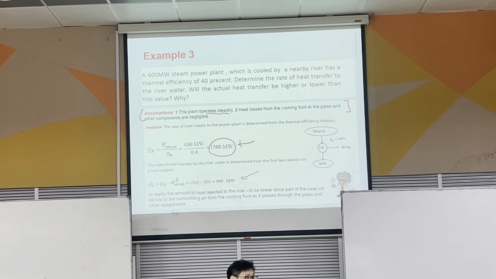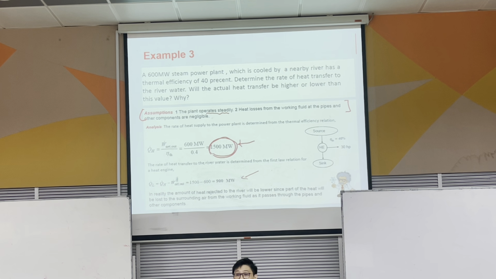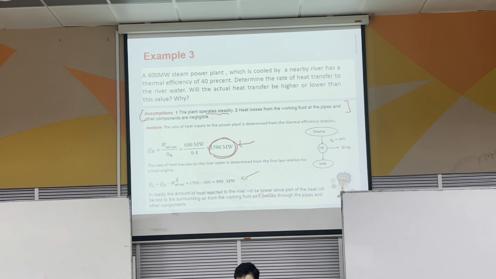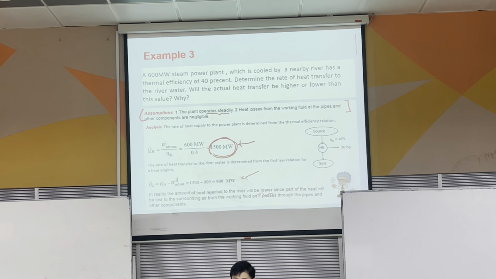But of course, the reason why this amount is lower is also due to all the losses: friction loss in the pipe, heat loss to the surroundings. Then when you reach the condenser, same thing, we have all those losses. So in reality, everything will be lower. This QH will be lower, QL will be lower as well, since part of the heat will be lost to the surrounding air from the working fluid as it passes through the pipes and other components.